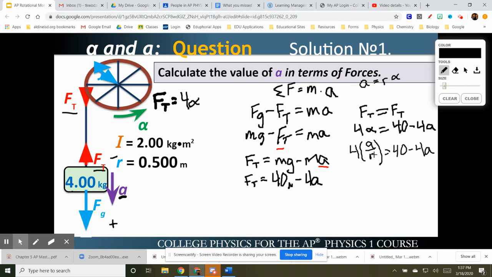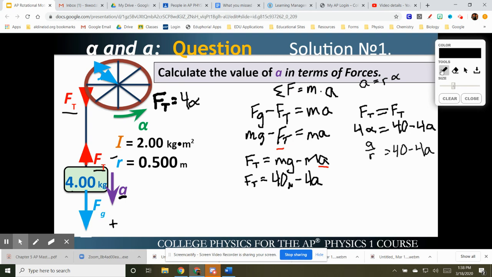I guess to kind of make the algebra easier, what we should have done is taken care of this 4 right here and just went over to the other side and divided by 4. So then it would be a little better math. I hope you guys know what I'm talking about. 4, bringing it over, 40 minus 4A divided by 4.